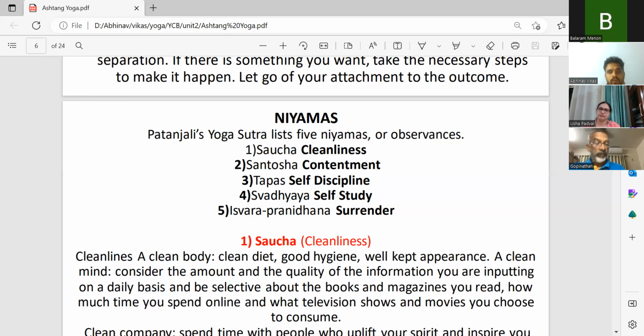You may see if you go to some countries, violence may be encouraged. If you see in the US, you should not say anything to the children. It's a crime, it's an offense.